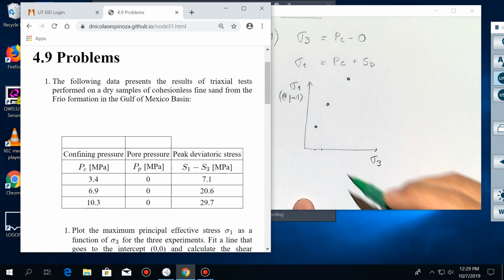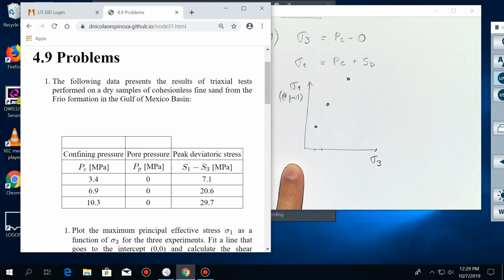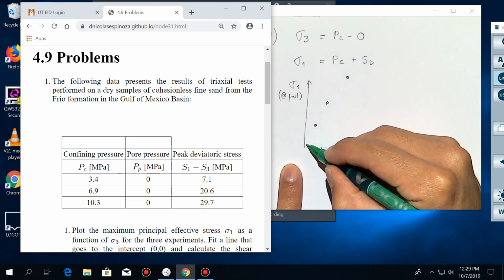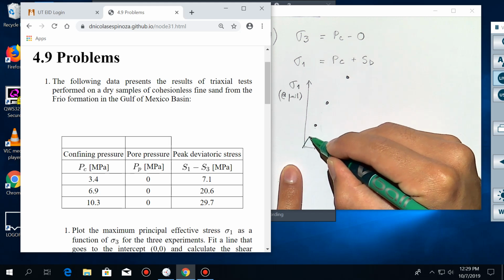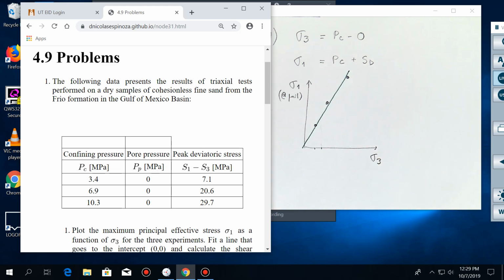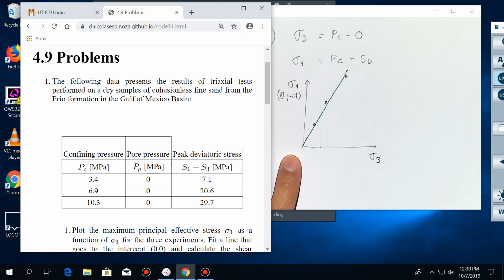With that line, and considering that this is an uncemented material, I like that you fit a line that goes almost through those 3 points. You basically do a linear regression, and hopefully the intercept is going to be close to 0. Sometimes it may not be exactly 0, but it should be close to 0.